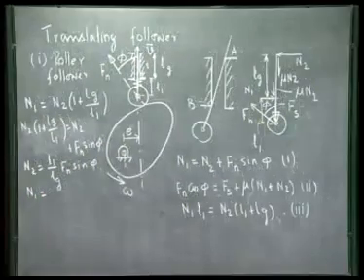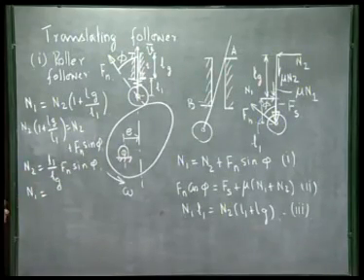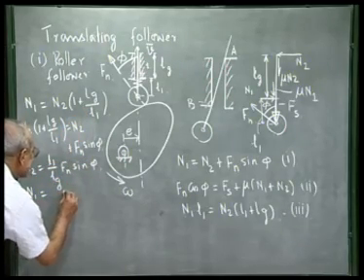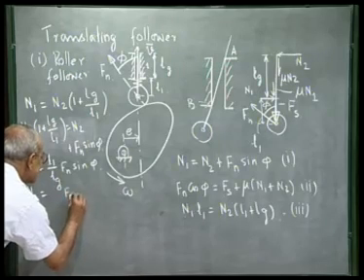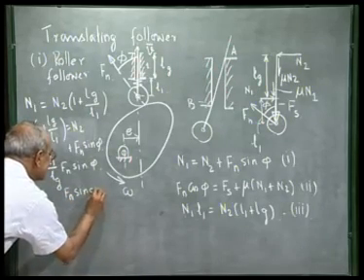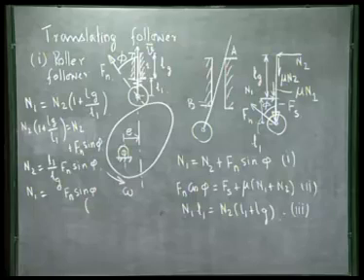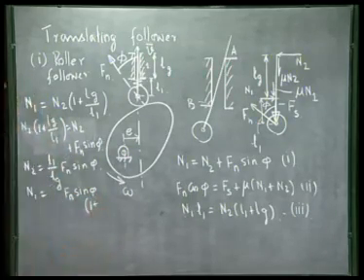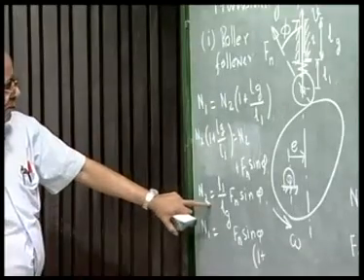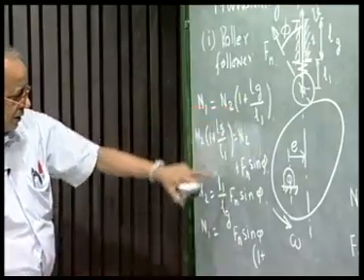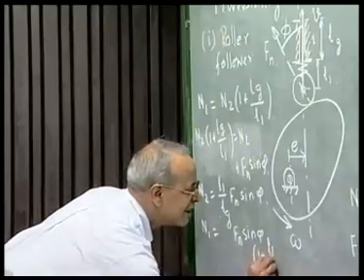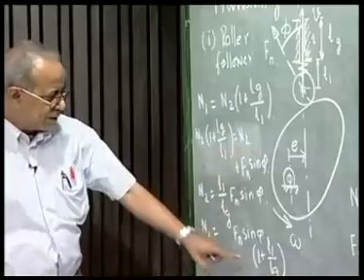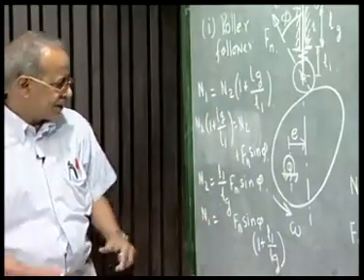N1 is N2 Lg by L1, it gets cancelled, so Fn sin phi into 1 plus L1 by Lg. This Lg by L1 gives me 1 and this 1 gives me L1 by Lg.